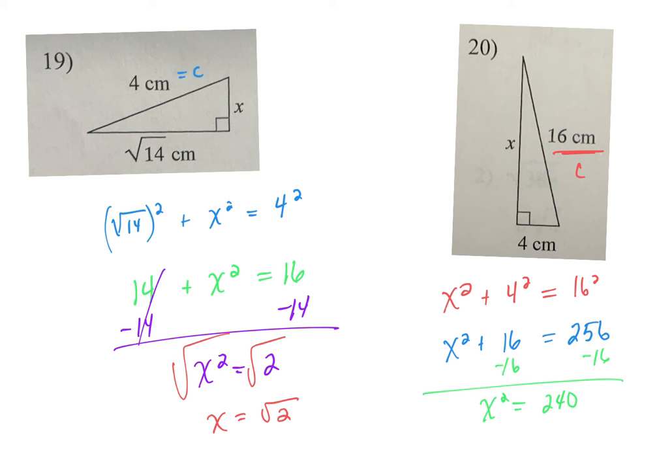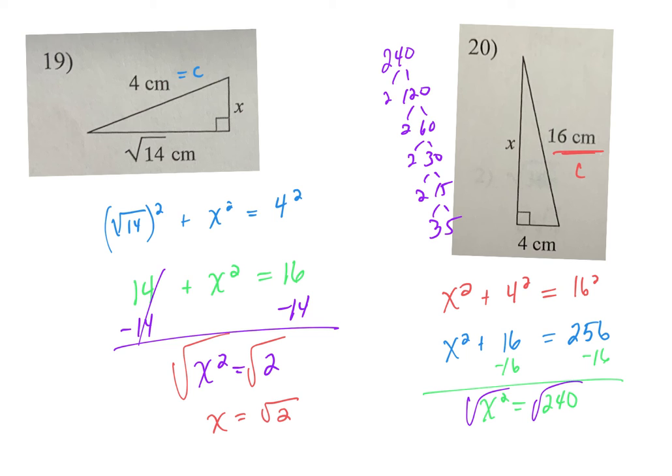Does 240 have a perfect root? No, it does not. Your instruction said leave in radical form. So how do you simplify this root then? Factor tree. And so you're going to do factor tree. It's going to be a big one, right? But it works out. All right. Factor tree looks like that.